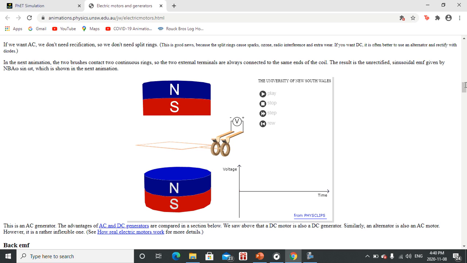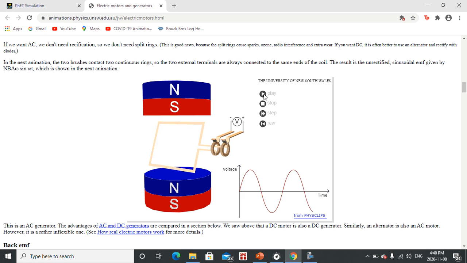And this produces this sinusoidal graph that we do see that's characteristic of the alternating current. Again, this is a generator, so the point is to generate voltage. So something would physically be turning this. Some sort of a turbine would be turning it. And then we can see the voltage that is generated.